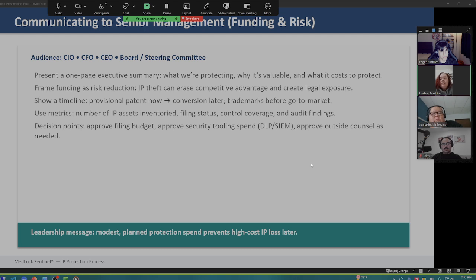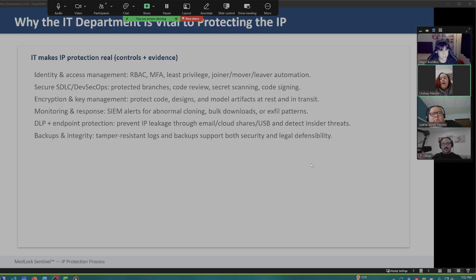Next slide, we're going to talk about why the IT department is vital to protecting the IP. Legal filings establish ownership rights, but IT prevents loss of control over the IP.